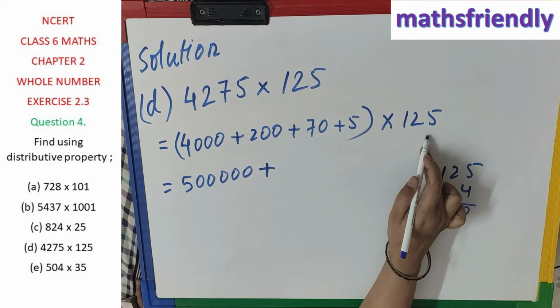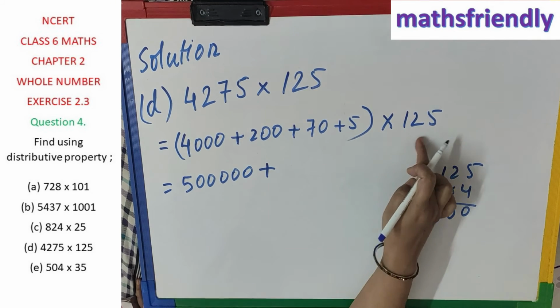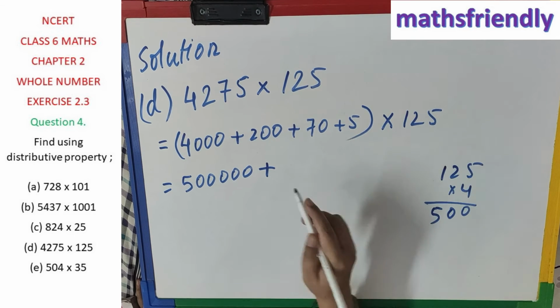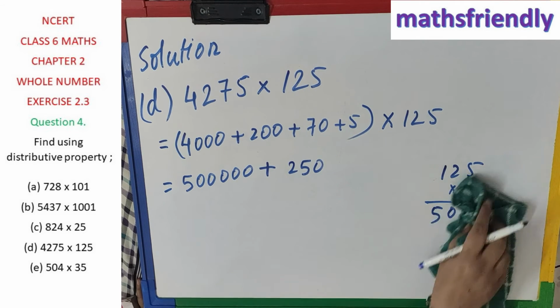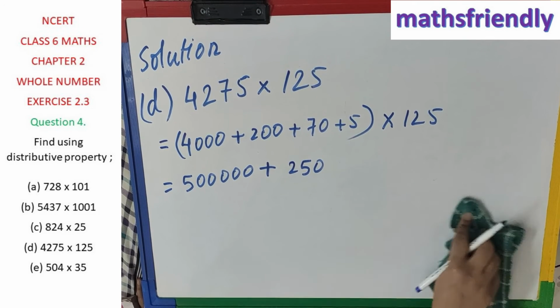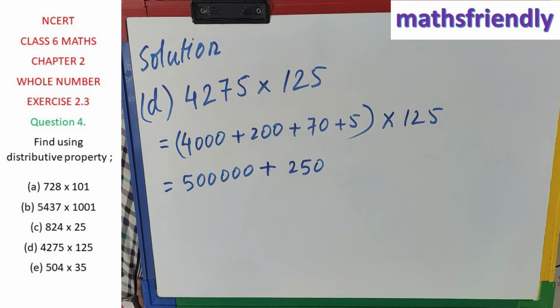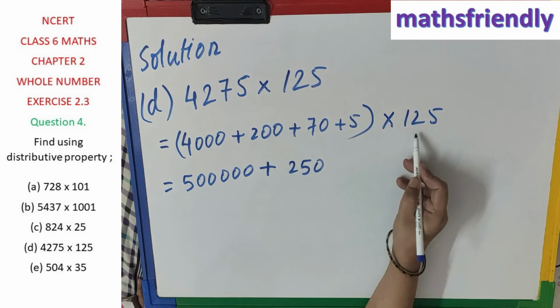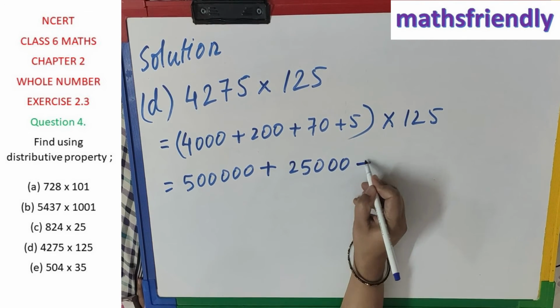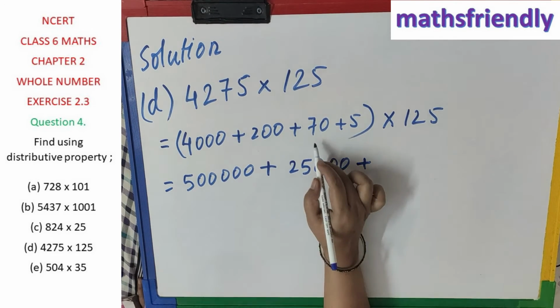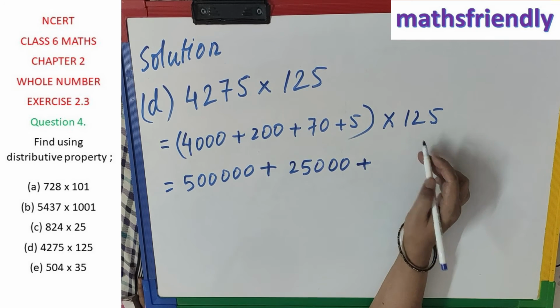Okay. Now plus sign is there, so I will give the plus sign. 200 will be multiplied to 125. So 2 into 125 is how much? It is 250. Okay, you can check it. These small multiplications you have to remember so that you can do it very quickly. 2 into 125 is 250 and these two zeros. Plus sign is there, so I have given the plus sign. 70 multiplied by 125.